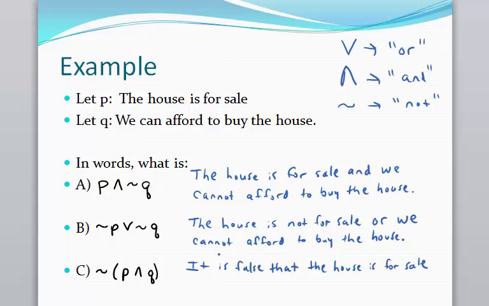We have the symbol for and then Q, which is we can afford to buy the house. And so the correct answer for part C is that it is false that the house is for sale and we can afford to buy the house.